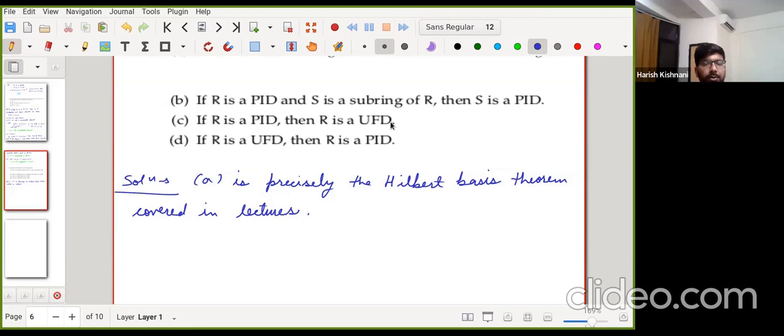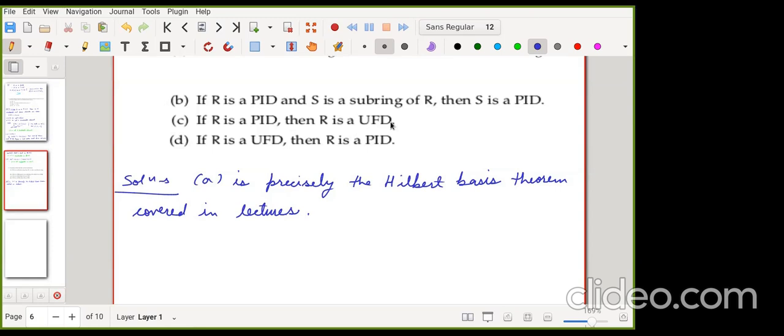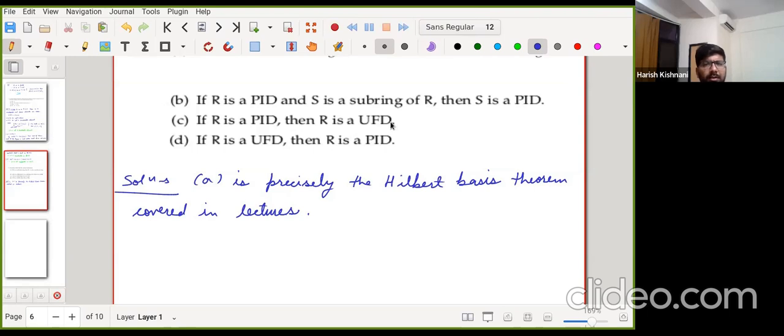So do you know a PID that contains Z[x]? If S is Z[x] and R is also Z[x], then the statement is true.